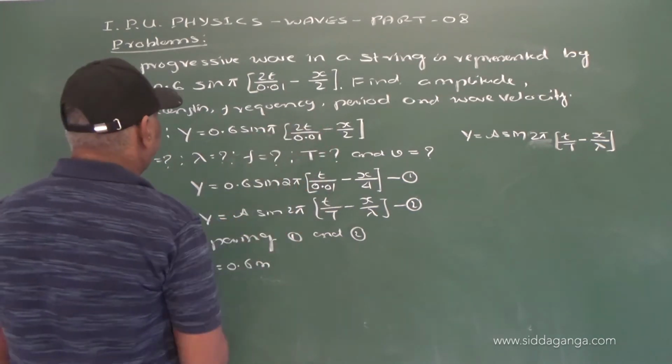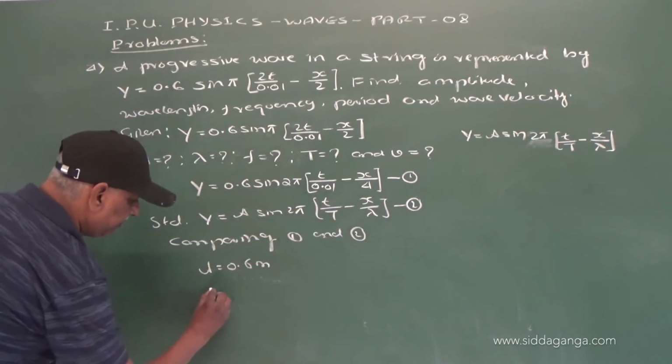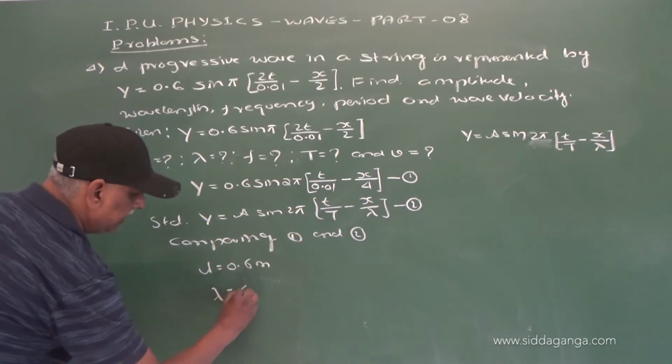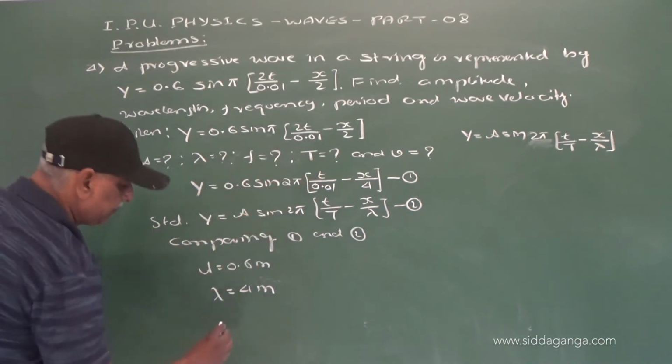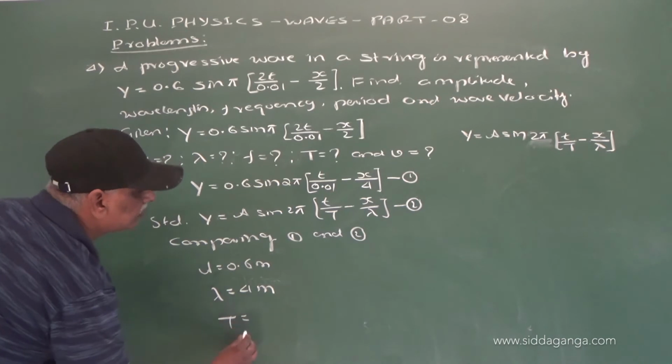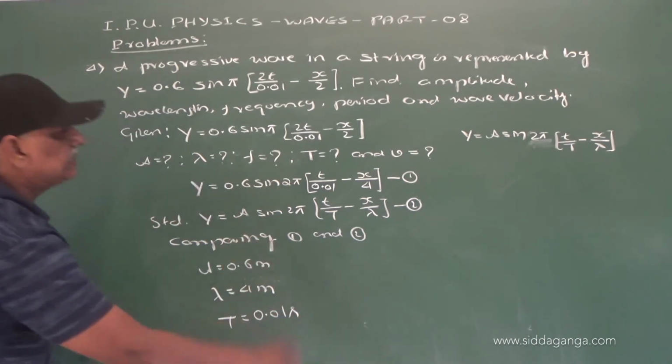Now the next thing we need is wavelength. Straight away, wavelength lambda is equal to 4 meter. Now T is equal to 0.01 second.